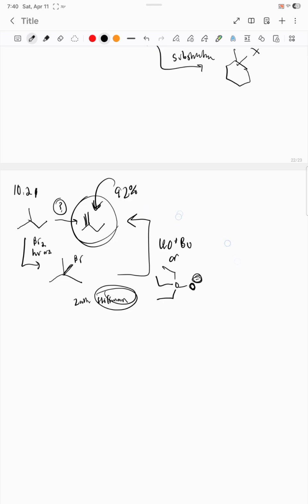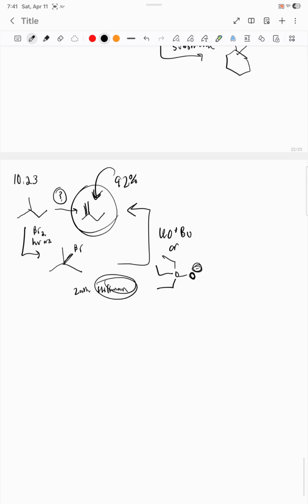Sorry, no, it is 10.23. Conceptual check of 10.23. The answer key is not showing the correct textbook version, but looks like it might be it. Wait a second. Yes.